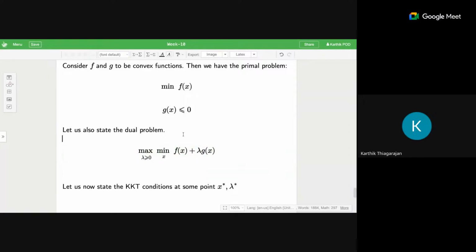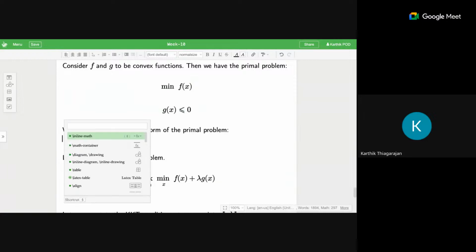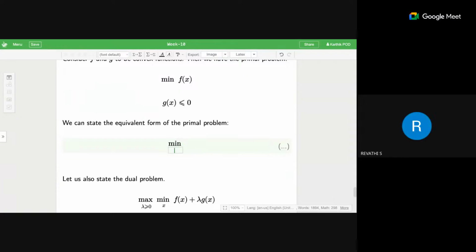So this is the primal. Before going to the dual, we can state the equivalent form of the primal problem. That is min over x, max over lambda greater than or equal to 0, of the Lagrangian once again, f of x plus lambda g of x.